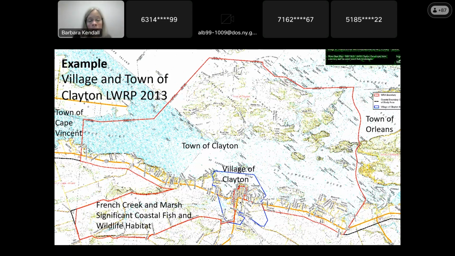I'm not sure how many feet that is off Route 12 and 12F, but they preserved the original coastal boundary. So perhaps it's 1,000 feet, I'm not sure. But the town of Clayton's actually mirrors the original coastal boundary. They didn't make any changes when they did their LWRP boundary.